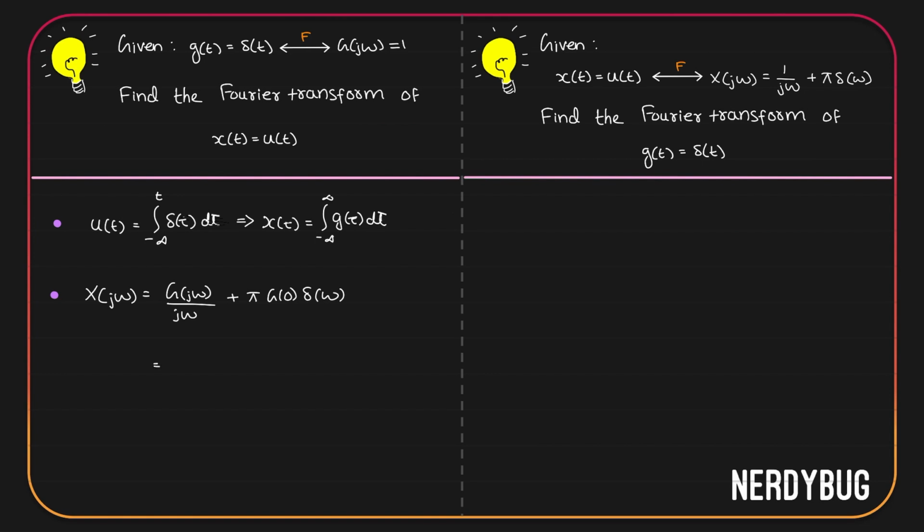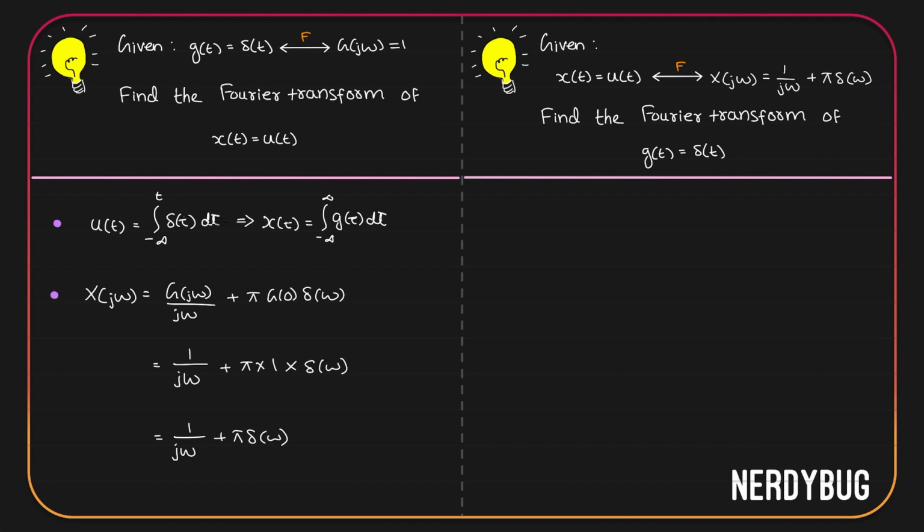But g of j omega is 1, so this becomes 1 by j omega plus pi multiplied by g of 0. G of j omega is a constant, it is 1 everywhere, so g of 0 is also 1. Multiplied by delta of omega. So x of j omega is simply 1 by j omega plus pi delta of omega.